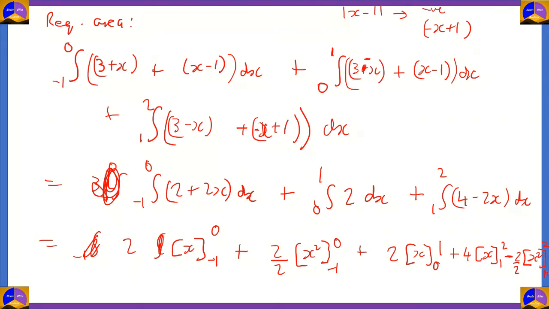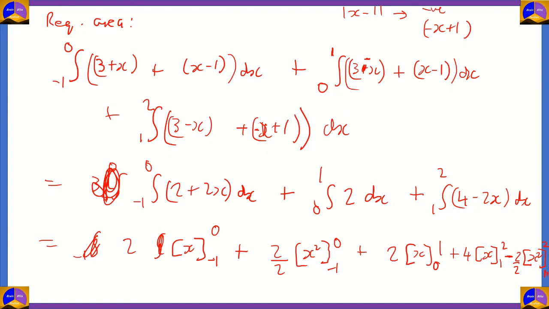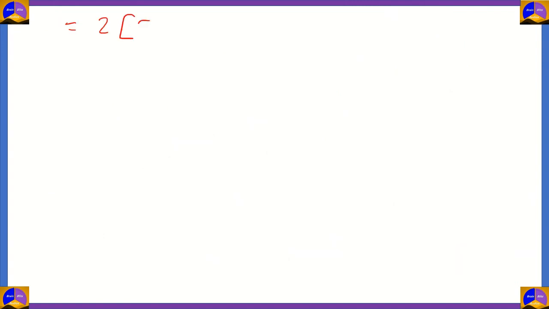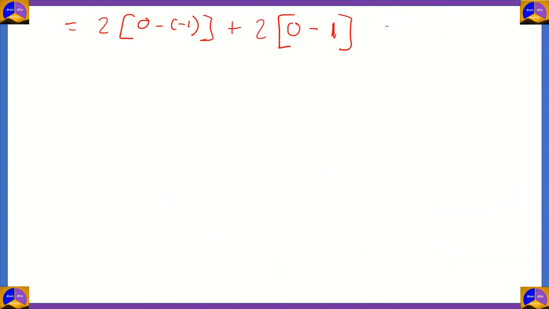So now let's put in the values. So 2 times 0 to minus 1. So basically it is 0 minus of minus 1, plus 2 times, here it's a square, so it's 0 minus 1, because minus 1 square is 1. Then you have 2 times x from limit 0 to 1, so that is 2 times 1 minus 0. And then plus you have 4 times 2 minus 1.